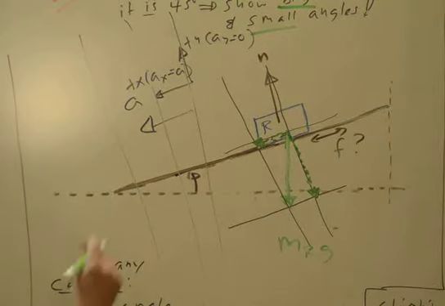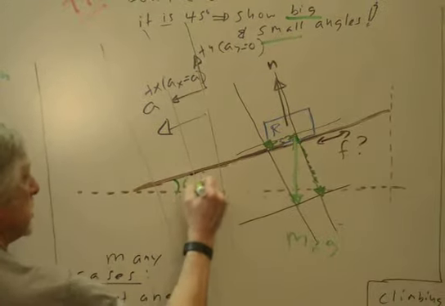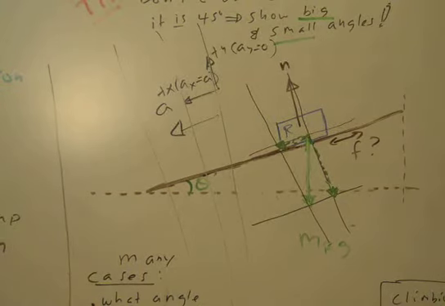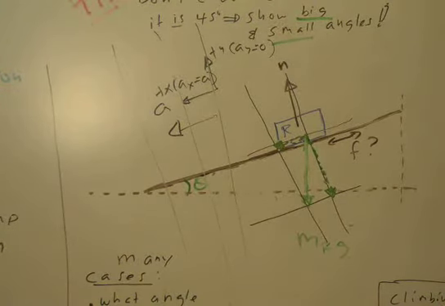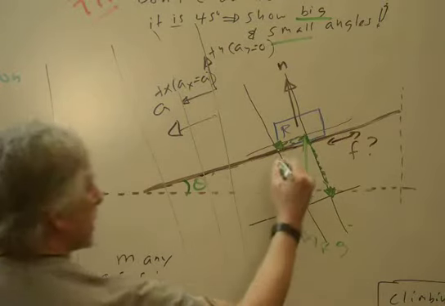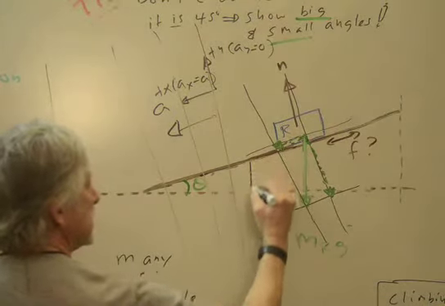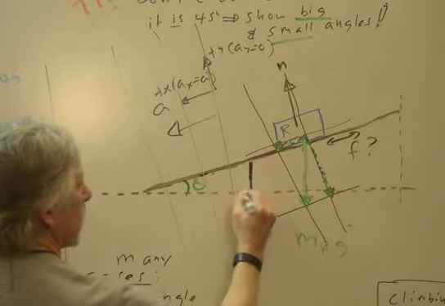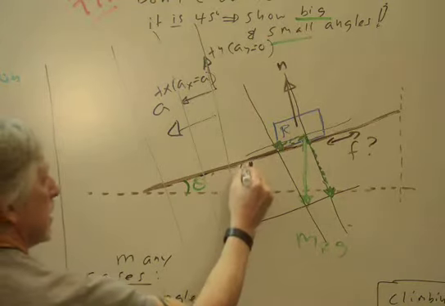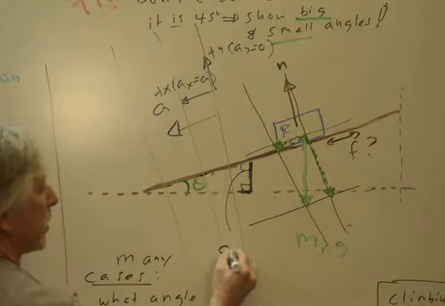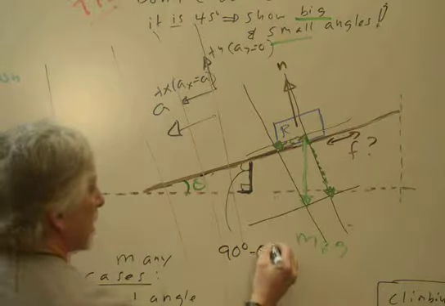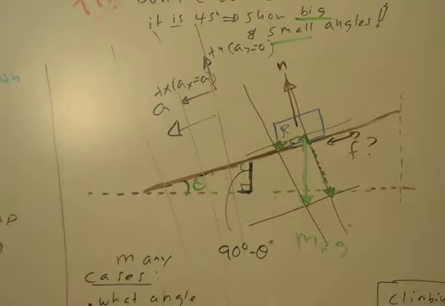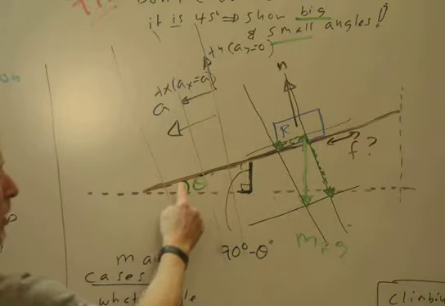How much is it? Well, if this angle here is theta, let's try to make this really clear. All right, angle is theta. Hey, wait a minute. If that's theta, I know this is vertical and horizontal, so that's 90 degrees. And that angle is the complementary angle, or 90 minus theta. So in other words, I can just think if that's 30, that's got to be 60. If that's 20, that's got to be 70.